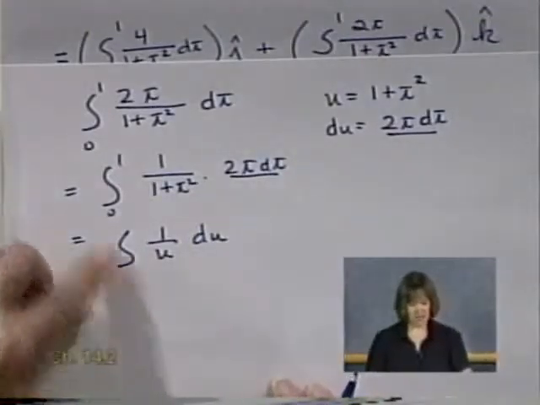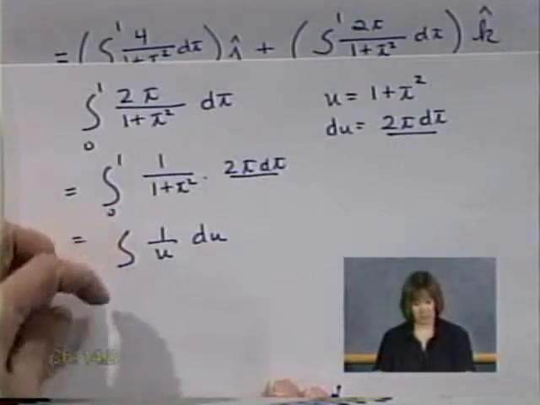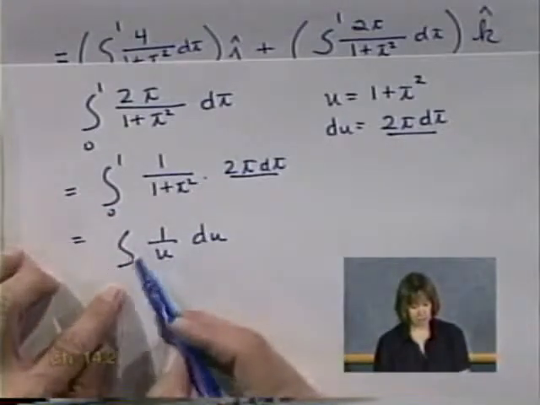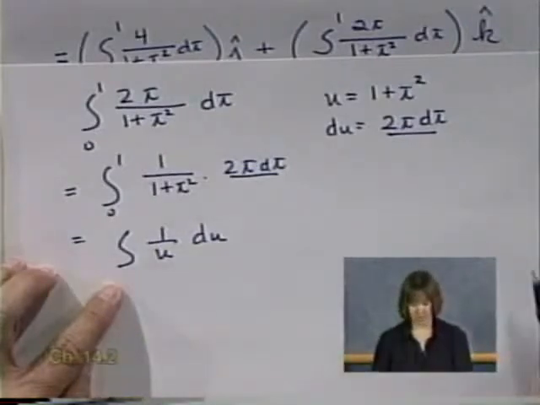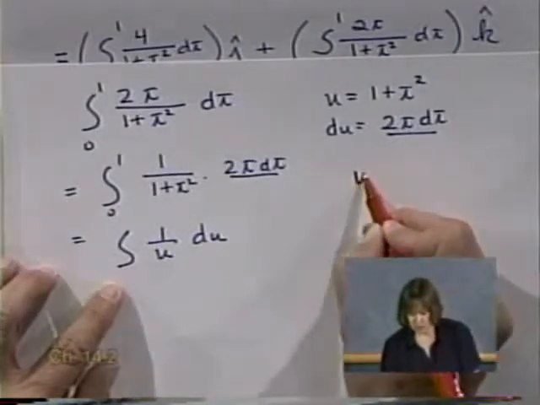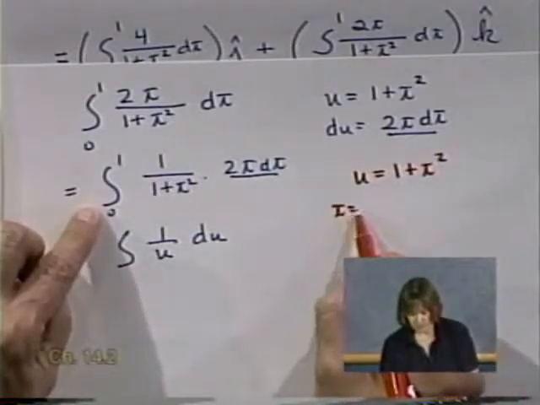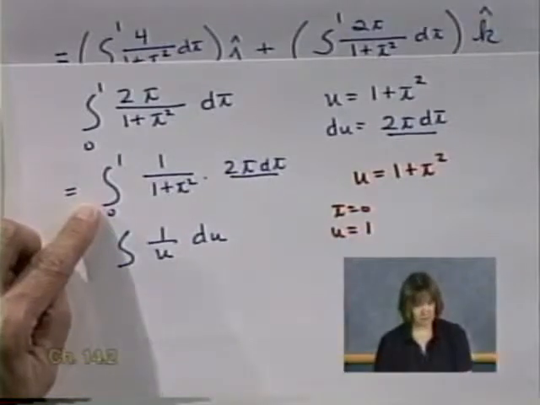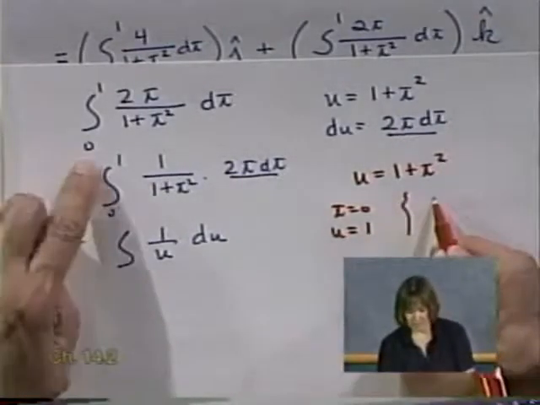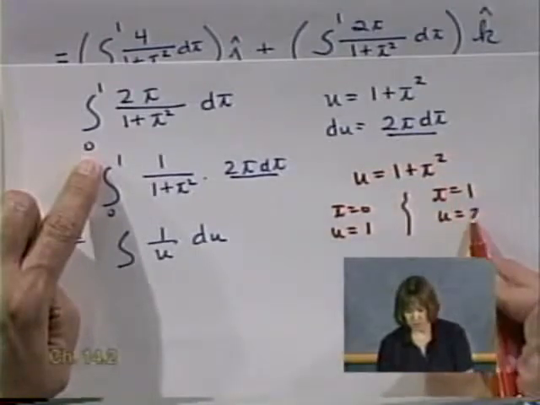Now 1 over 1 plus t squared is 1 over u, and notice your 2t dt is your du. Notice I'm not going to put my limits of integration here. I could if I want to, but if I do that, I have to put what u is ranging from. Since u equals 1 plus t squared, when t is 0, u is 1 plus 0 squared, which is 1. And when t is 1, u is 1 plus 1 squared, which is 2.